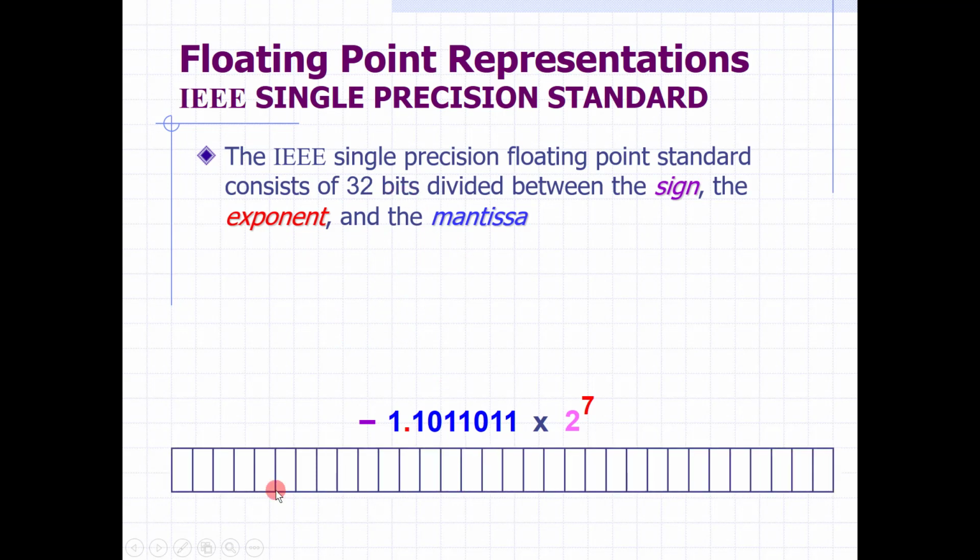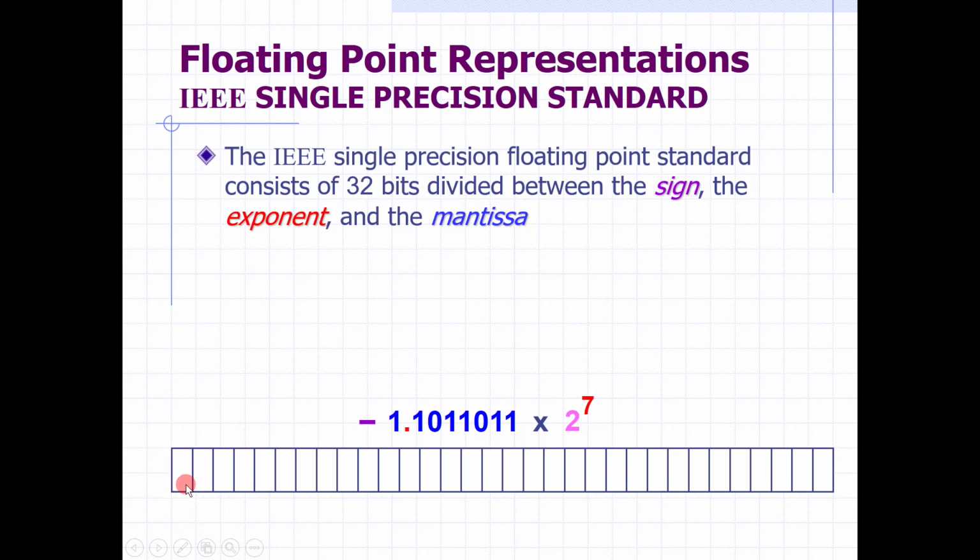So we have our 32 memory locations, and now we're going to try to store the number that we had converted to scientific notation. To do so, we'll do something similar to what we had done before. We reserve the first bit of the 32 to be the sign. And we'll use a normal naming convention there, where if the sign is positive, we'll put a 0 in this spot.